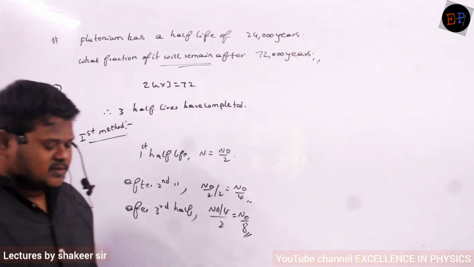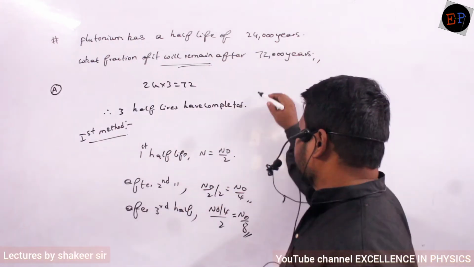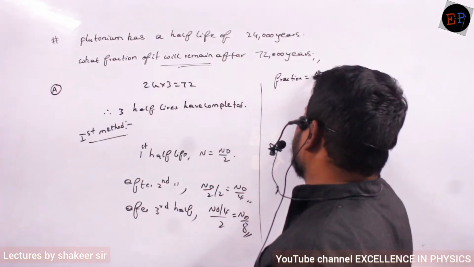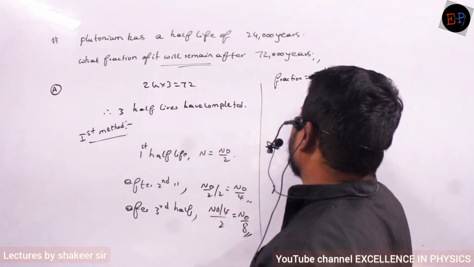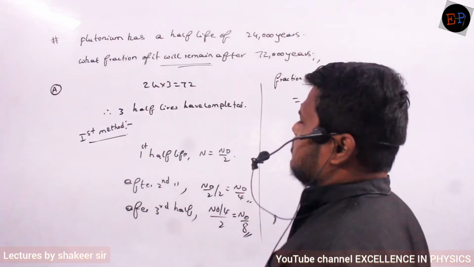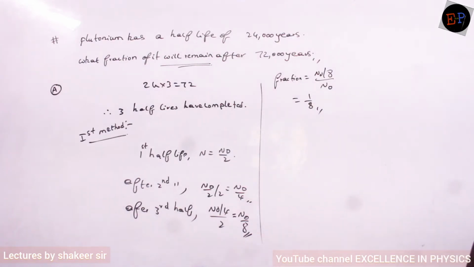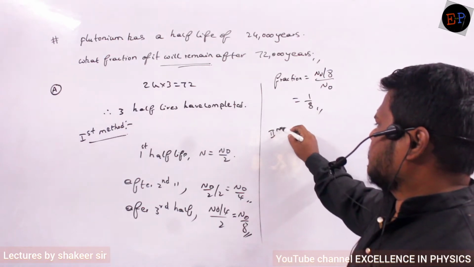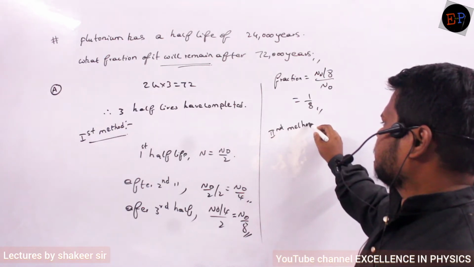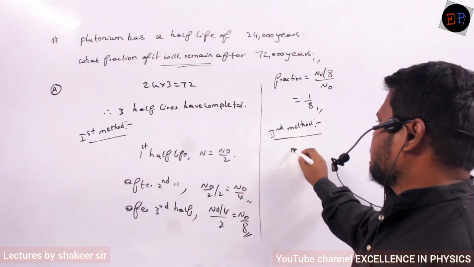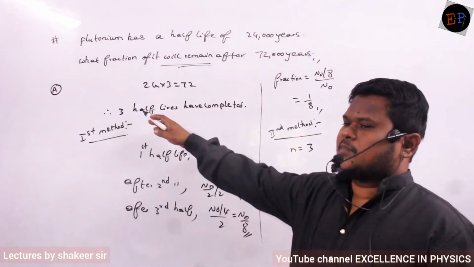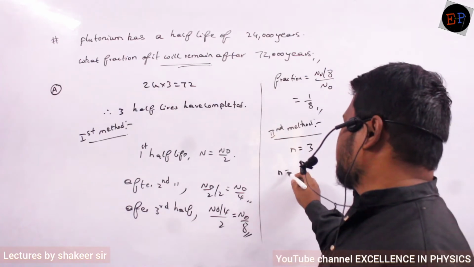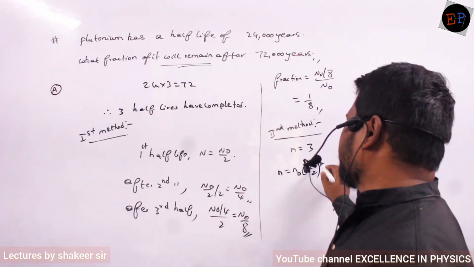What fraction is he asking? Fraction means n naught by 8 divided by n naught. So 1 by 8. That is my answer. That is the fraction of atoms remaining for disintegration. Okay. If I want to do it by a second method, using the equation. The number of half-lives is 3. So substitute. N is equal to n naught multiplied by 1 by 2 power n.